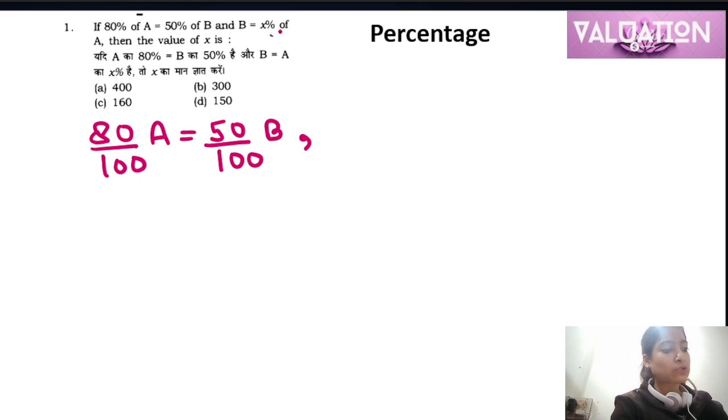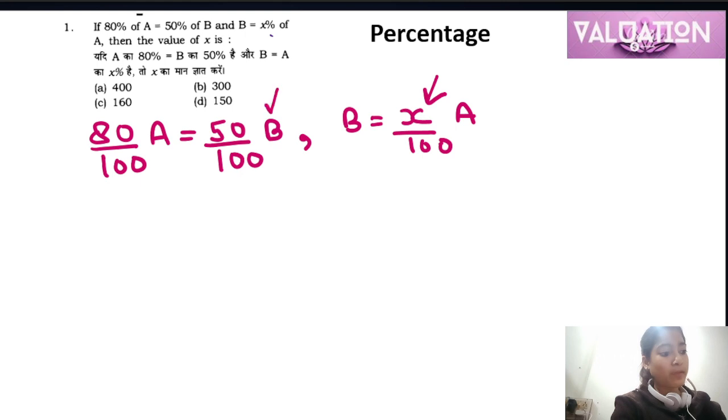B is equal to X percent of A, then we have to find the value of X.